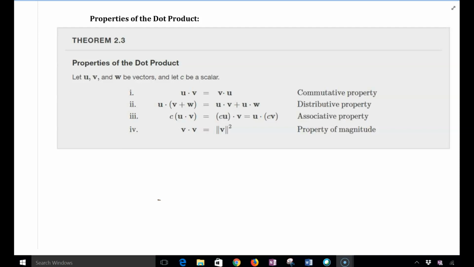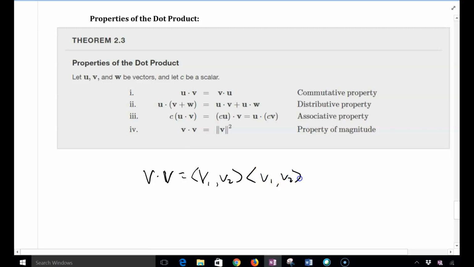The fourth property is one to point out here. If we take the same vector dotted with itself, we'll just do this in the two-dimensional case, say that our vector components are v1 and v2. We've got them dotted with itself. If we multiply them together, our first components multiplied would be v1 squared, and our second components multiplied would be v2 squared.